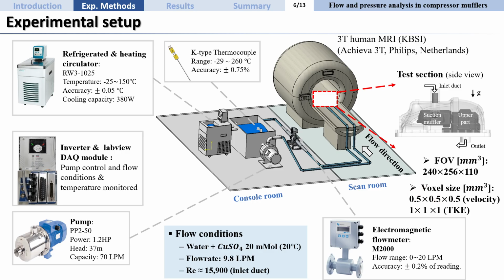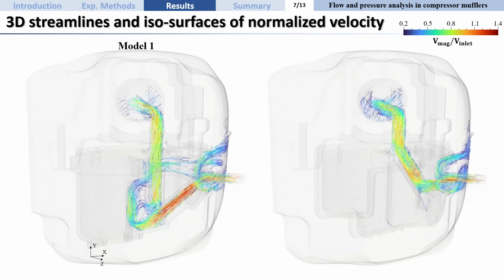Now let's move on to the flow visualization results. Let's visualize the flow characteristics within the two models using 3D streamlines and isosurfaces. First, let's see the streamlines of Model 1 on the left. As the flow enters, the threshold gap between the inlet duct and the muffler induces significant secondary flows.